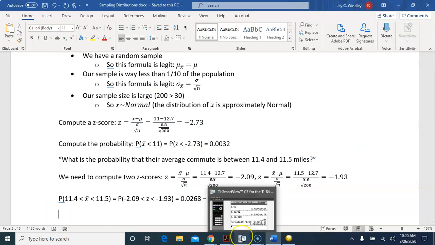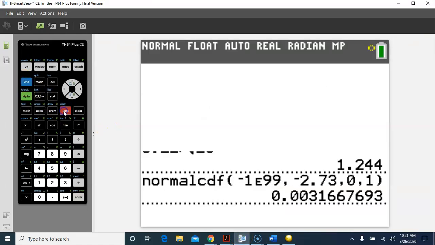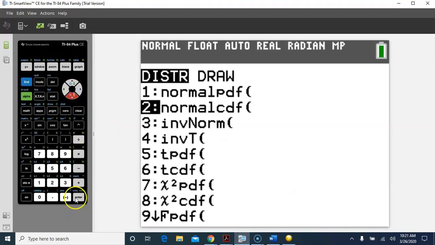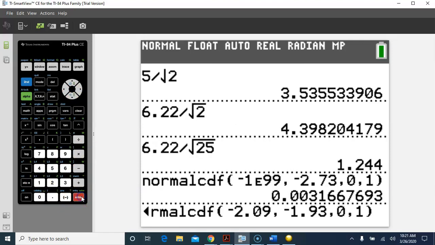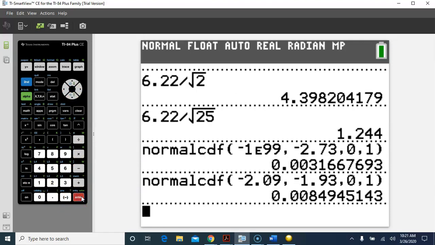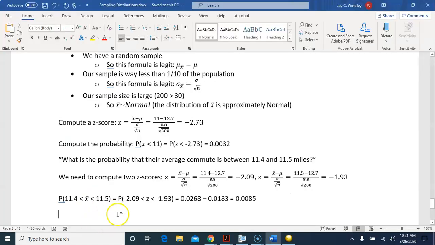Or for people using the calculator, you can say normal CDF from a z-score of negative 2.09 to a z-score of negative 1.93. And that's 0.0085. Same answer we got before.